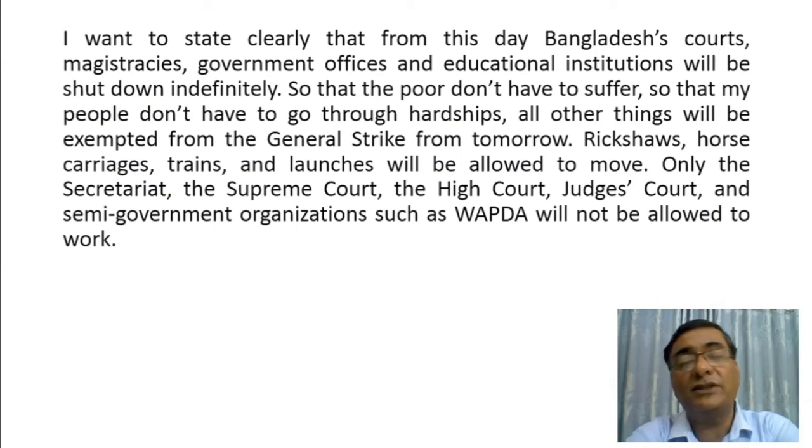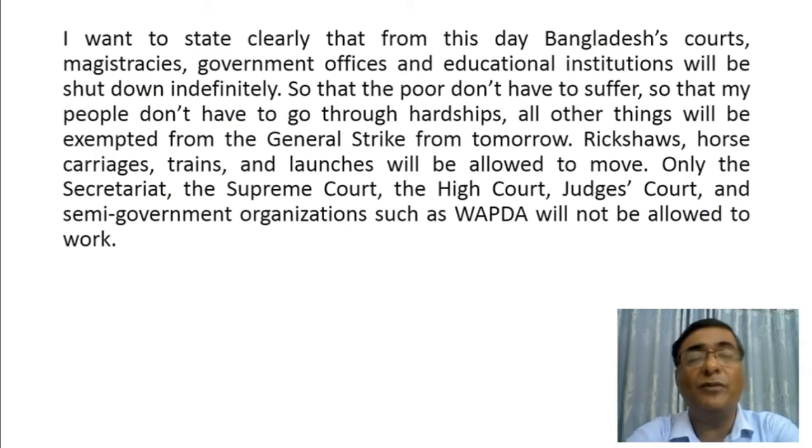He was so sympathetic to the people that he knew that if these offices were being closed, then the poor people might suffer. That is why he thought about them, and he said, so that my people don't have to go through hardships, all other things will be exempted from the general strike from tomorrow.